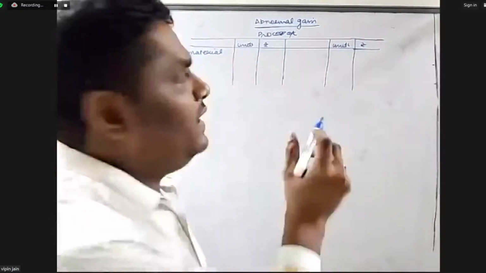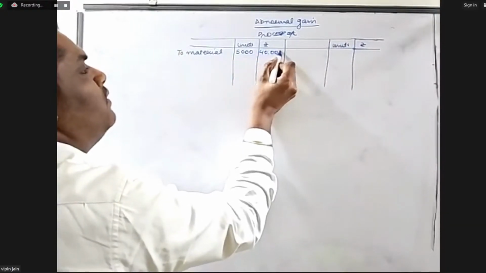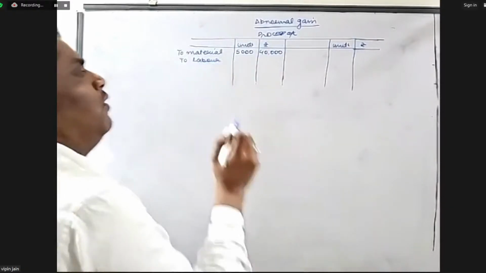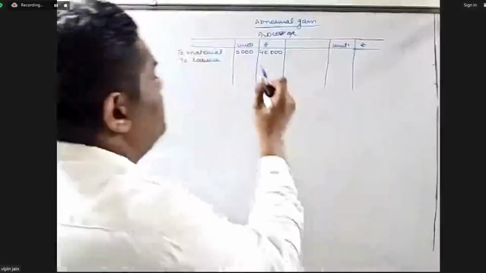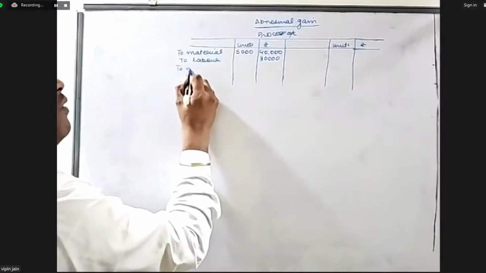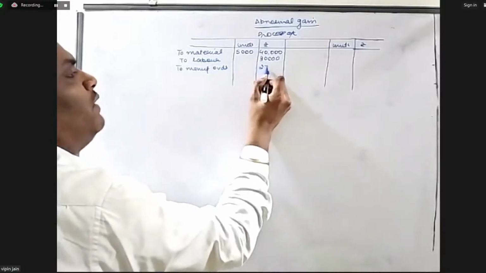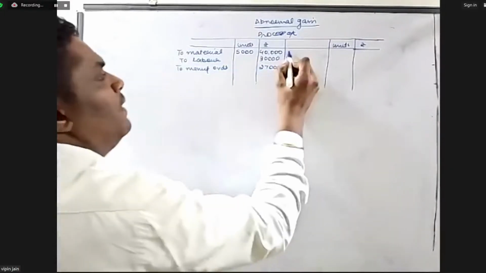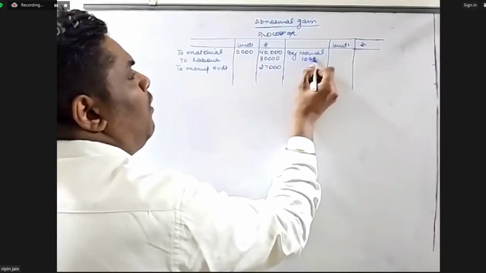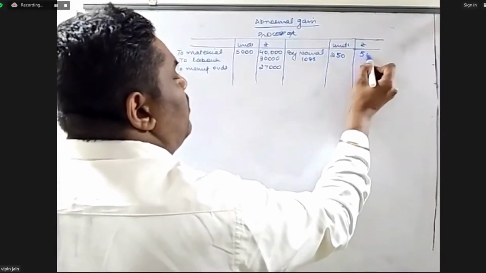To material, it is 5,000 units and the value is 40,000. To labor, it is 30,000. To manufacturing overhead, it is 27,000. By normal loss, it is 5% of the input, so it is 250.